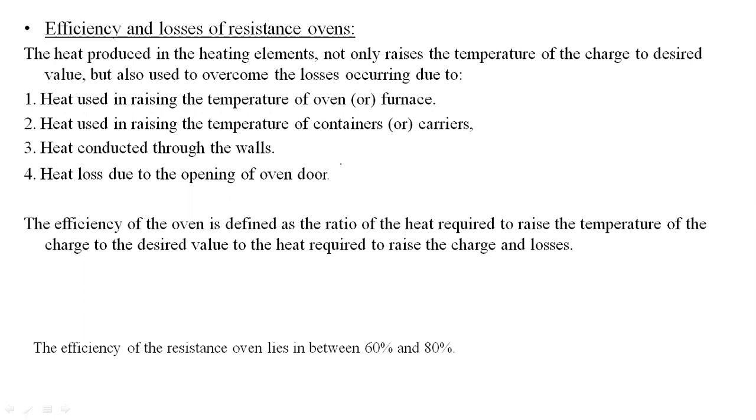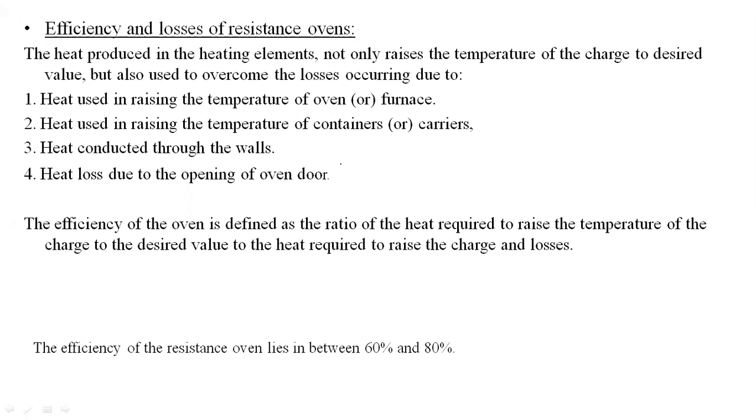Okay. So based upon these losses and based upon the temperature of your furnace, we have to calculate our efficiency. We have to check how much efficiency this oven is going to work out.